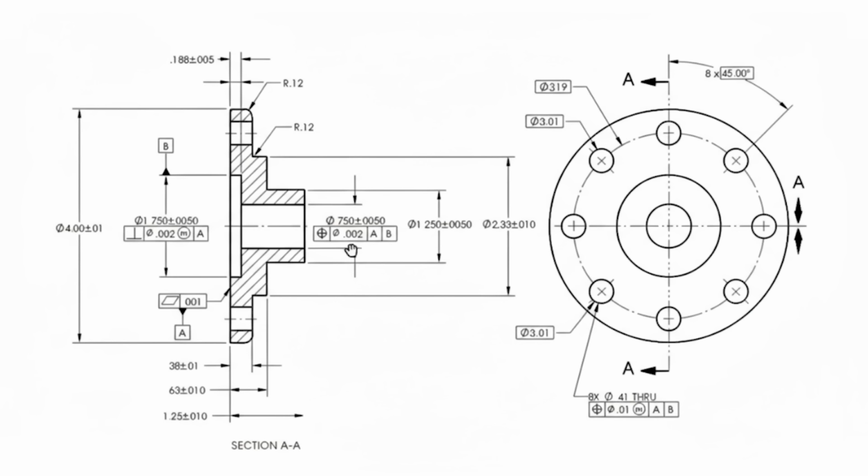So GD&T shifts the focus from perfect geometry to focusing on critical features for function while allowing for more flexibility for non-critical features. It precisely defines how parts should be measured and what references to use, ensuring that inspections are both repeatable and defensible.